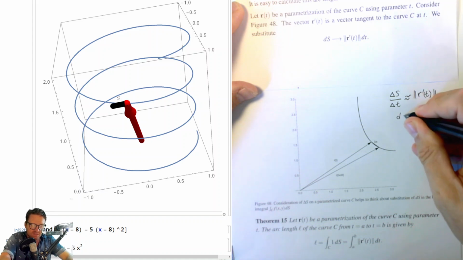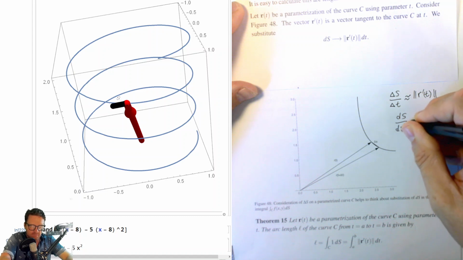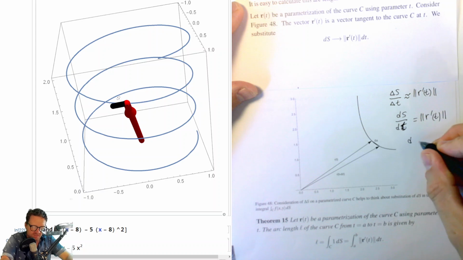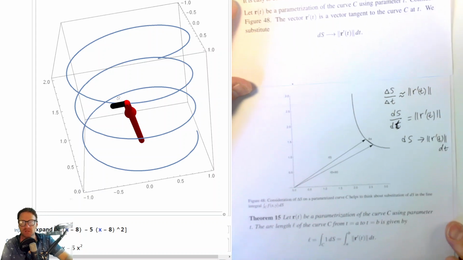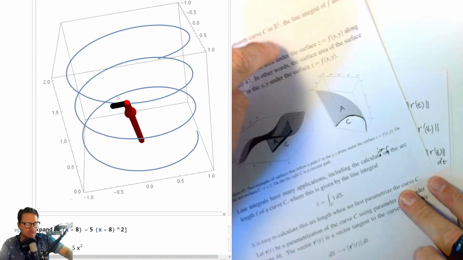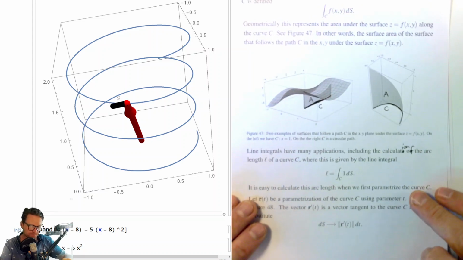And so we put exactly ds on dt is the norm of r'(t). And so we get this substitution, dt. Okay, so this is the substitution that we make in these line integrals here and here, if we have a parametrization of x and y.